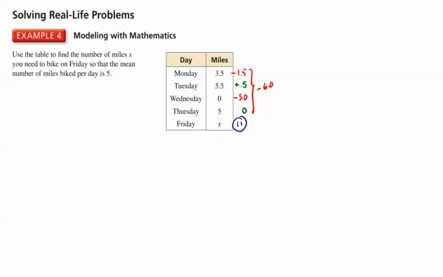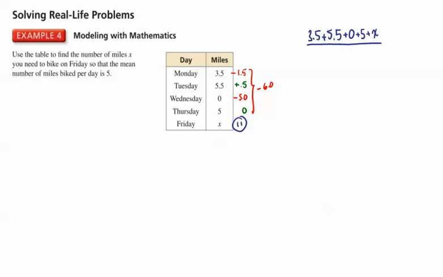So we have 3.5 on the first day, 5.5 on the second day, 0 on the third day, 5 on the fourth day, and x, what we don't know, how much we need to ride on the 5th day. Now remember that you're not going to divide by 4, even though you have 4 actual values.